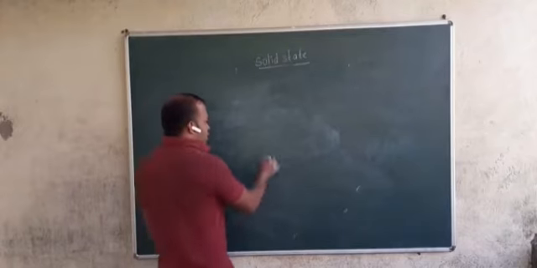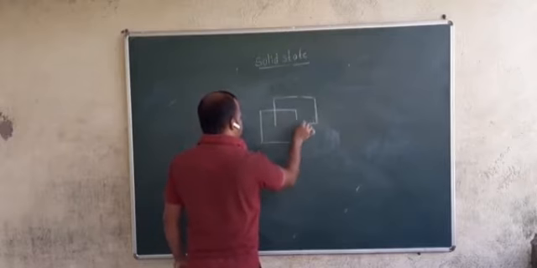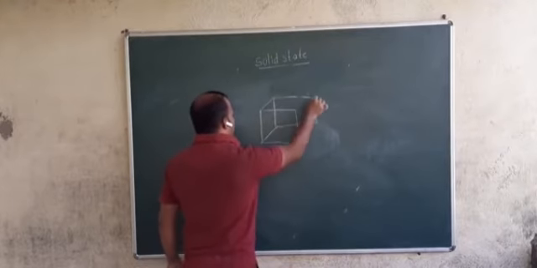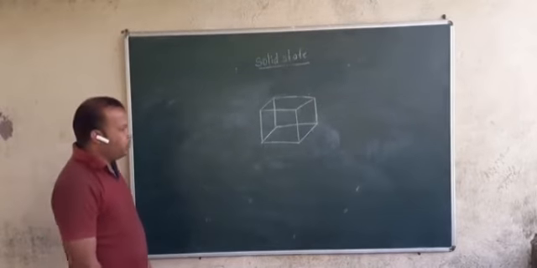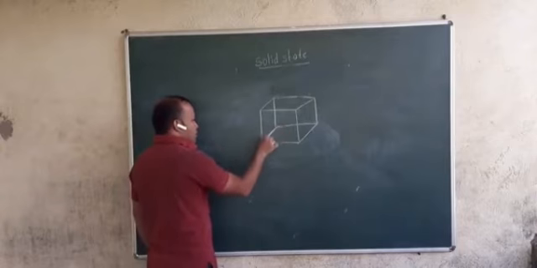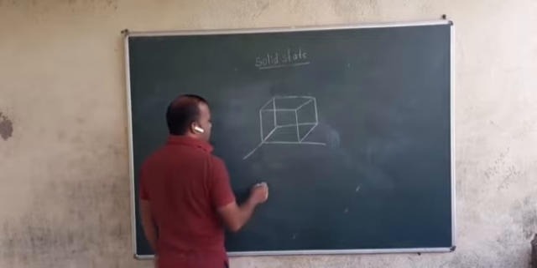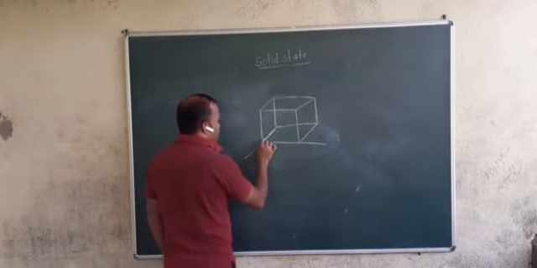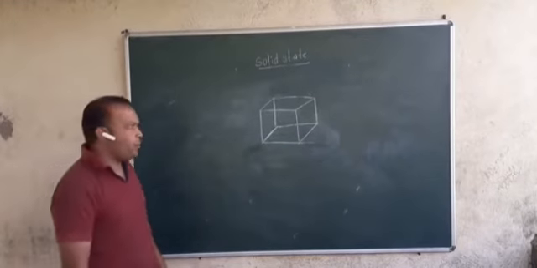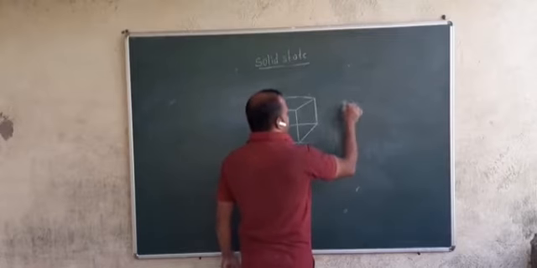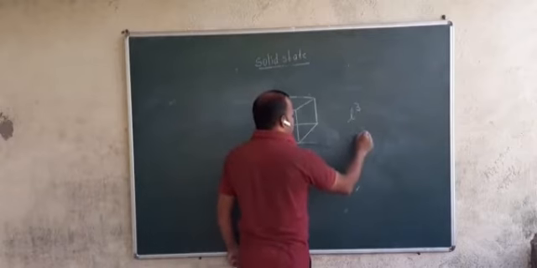Before this, if you take this cube, as you know, the volume of a cube is L cube, but we are going to take the notation A, so it will be A cube.